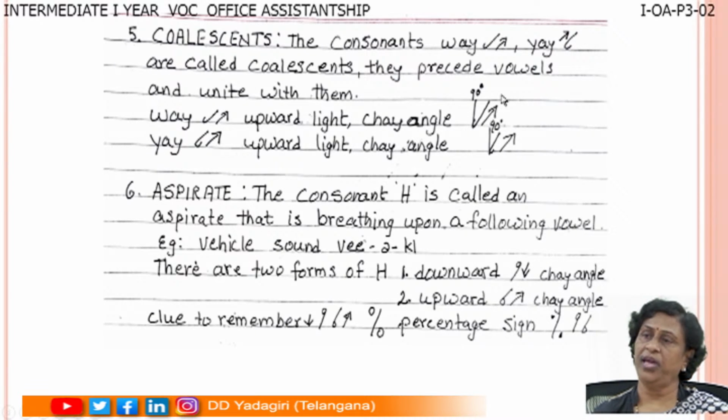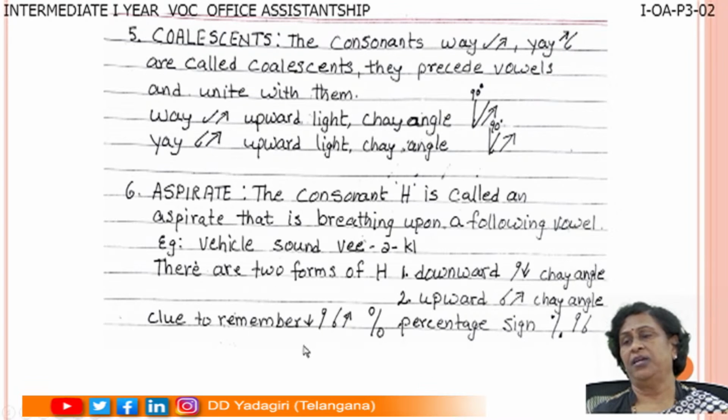Way, right way, so it's the right tick and the opposite one is ye. Aspirates: downward H is the percentage sign going from top to bottom, and upward H is the percentage sign's circle going up.